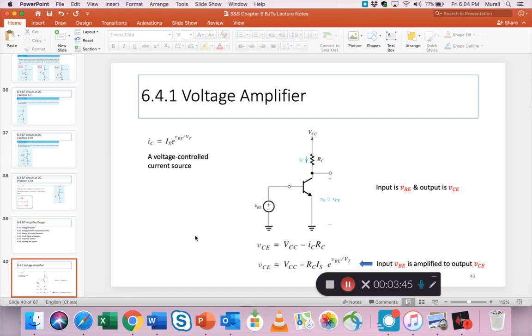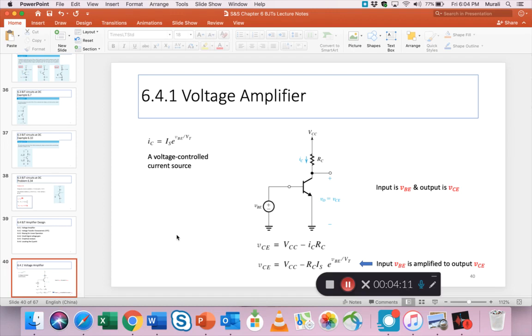So the collector current, if you think of it as an output, is dependent on a base voltage, VBE, which is an input. The other factors in this formula are constants anyway.